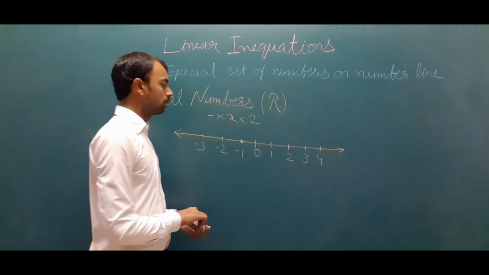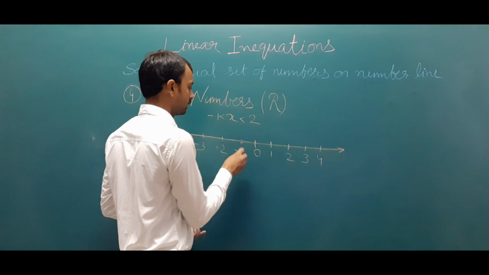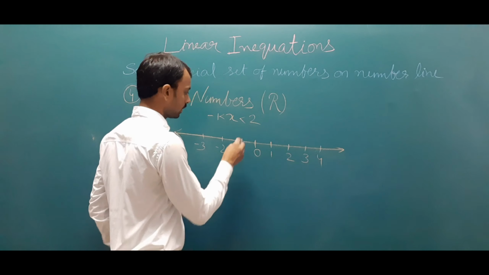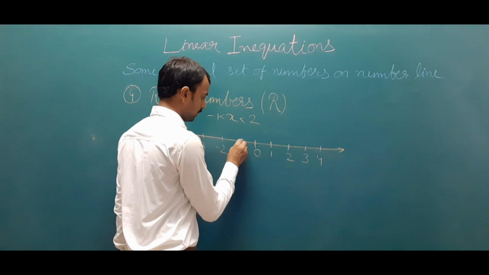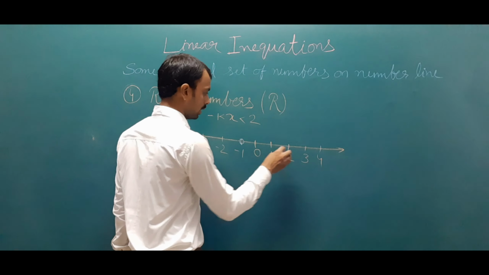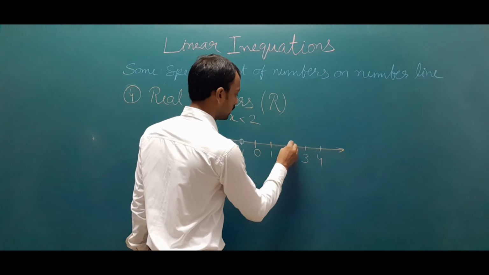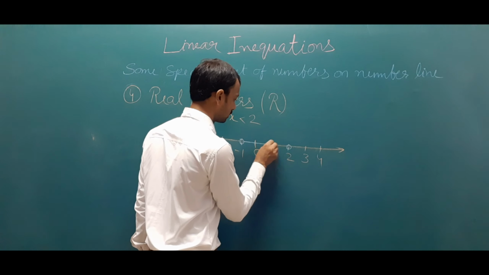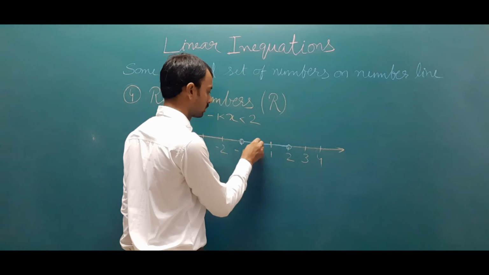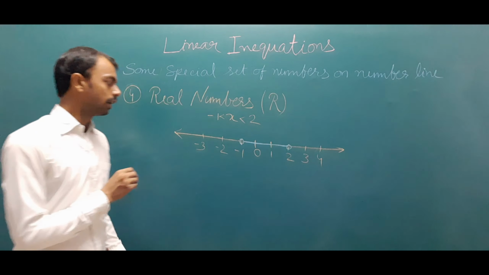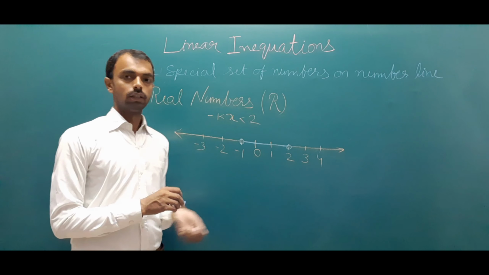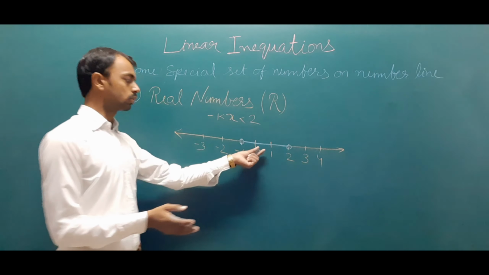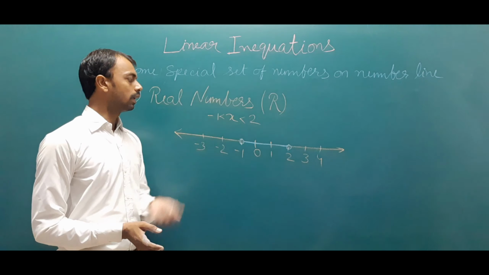So here we draw a circle on -1 and a circle on 2, and we just highlight the line. This shows the solution set of our inequation.